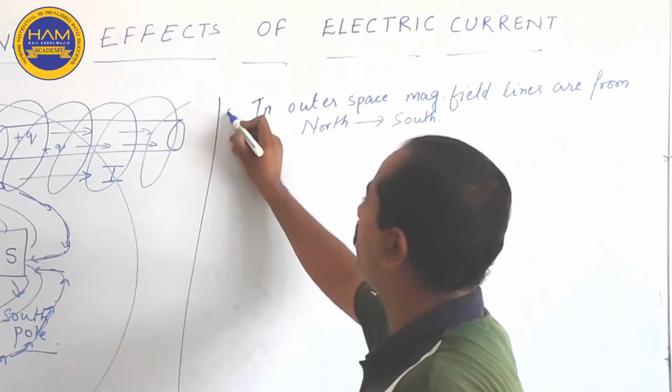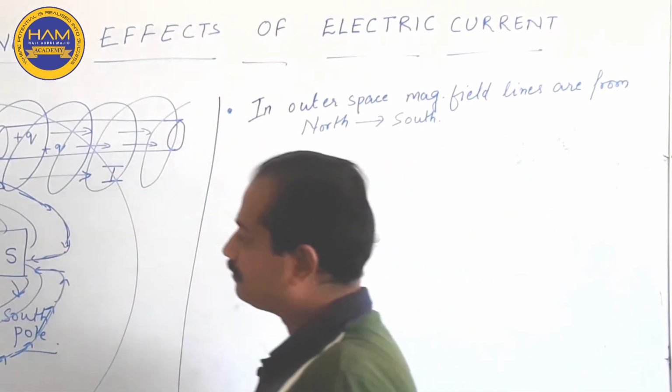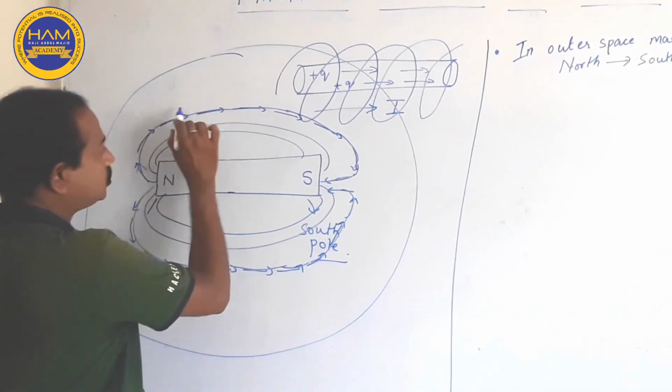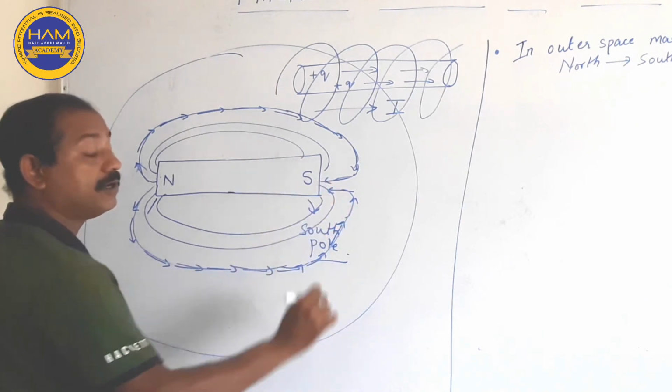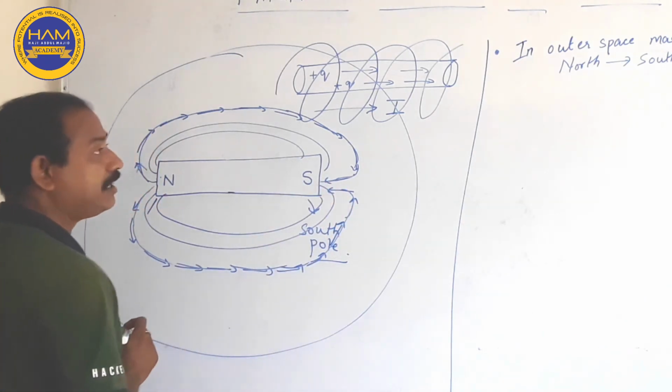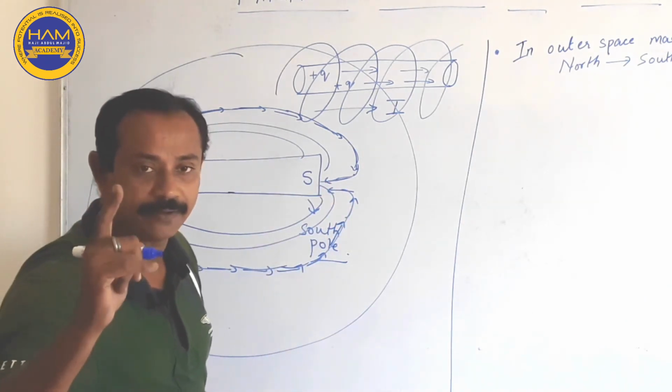This is the first point which we have. That means the magnetic field lines originate from the north and come down to the south. Now the second point, what happens inside a magnet?